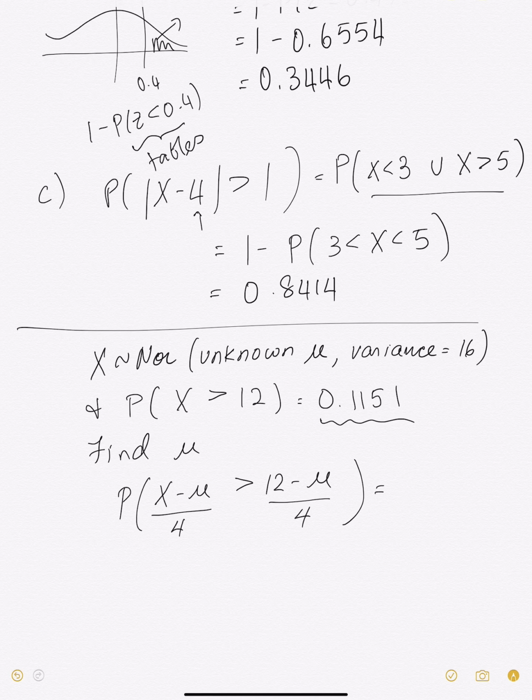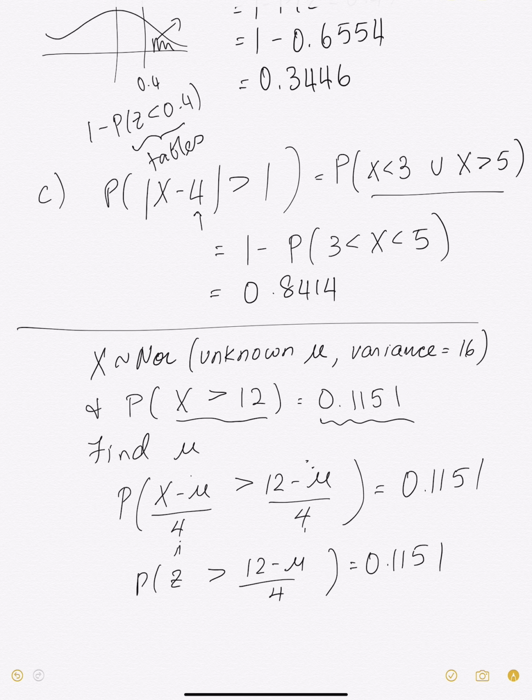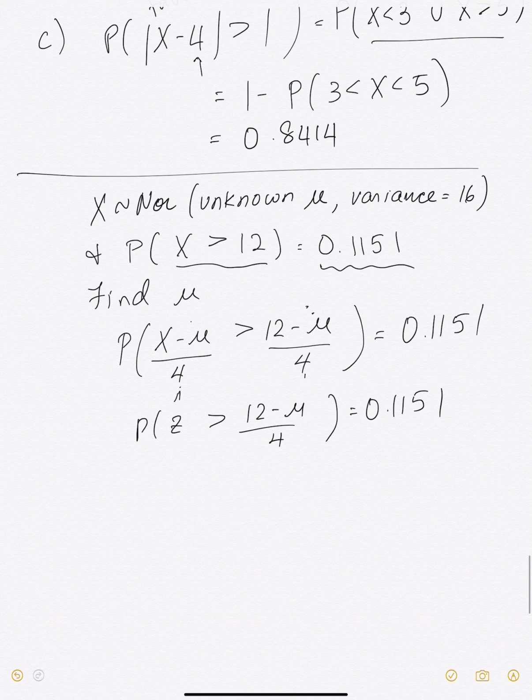And this you know is 0.1151, right? I just took this and subtracted mu from both sides and divided by 4 on both sides. Well, what is this? You know this is z, so probability of z being bigger than 12 minus mu over 4 is 0.1151.